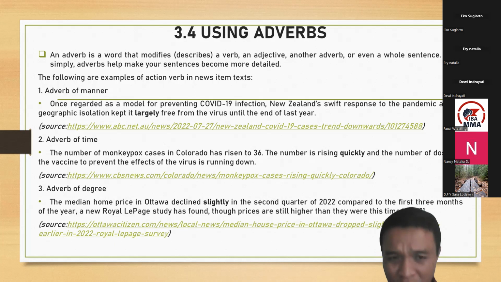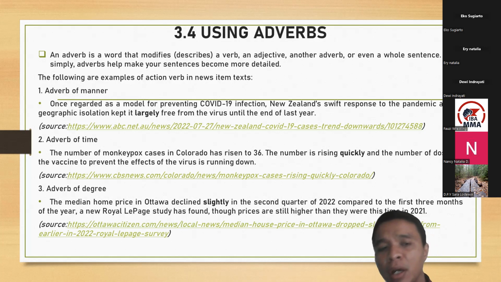So, as you can see, the use of largely represents adverb of manner. So you have to be able to cluster which one is the adverb of manner and also the other kinds of adverb, so it avoids you making a mistake in determining the kind of adverb, especially adverb of manner.